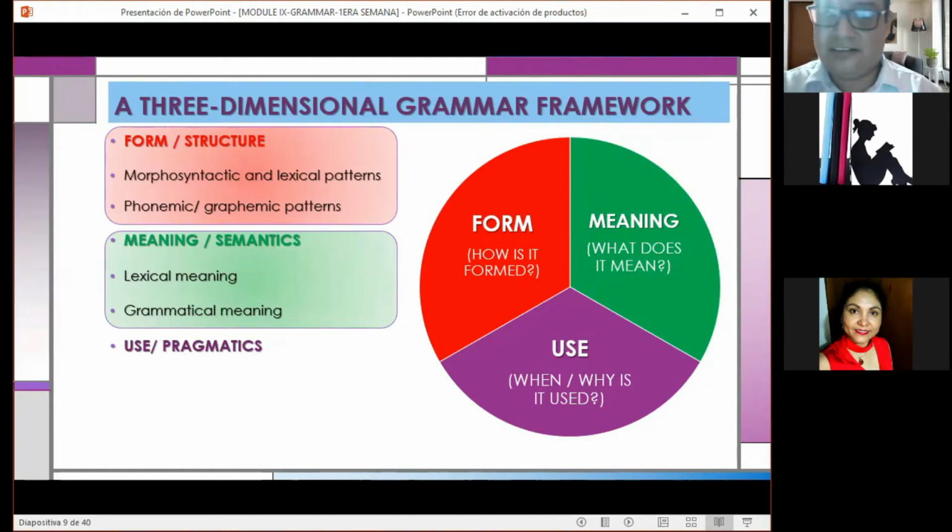For example, a noun: horse. It's an animal with four legs, so we have a concept about this word. An adjective: sad. It's a person who is not happy. Notice you have an idea, a concept, a definition. An adverb: here you have well.